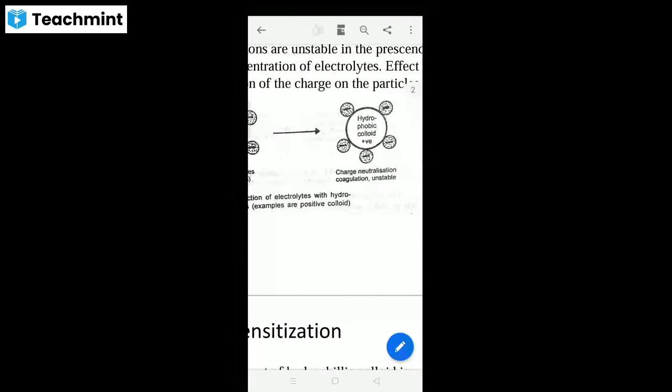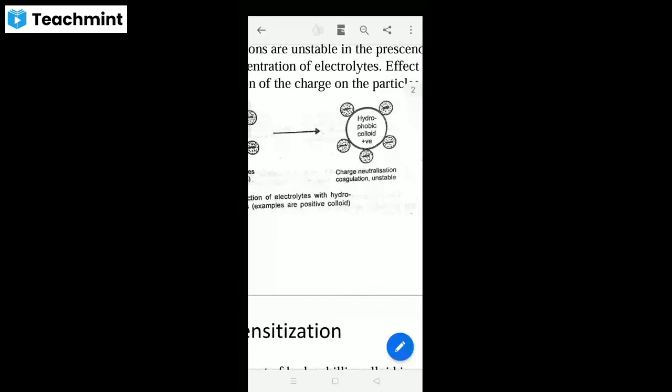Due to that, the bulk of the lyophobic particle increased, and the size of the lyophobic particle also increased. If the bulk gets increased, the size increases. Obviously, gravity may influence those particles now, which earlier it may not. Now gravity acts on it because of the increased bulk. Additionally, there is no charge on the particle.